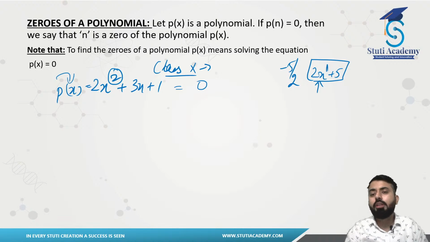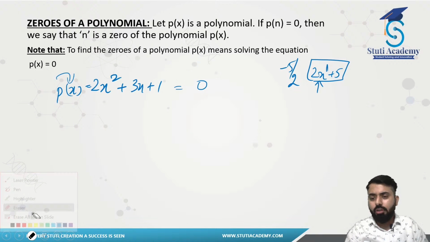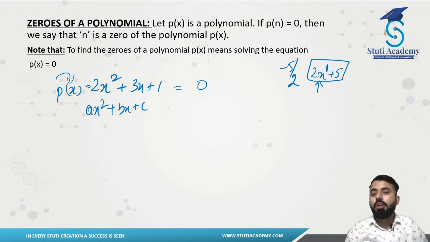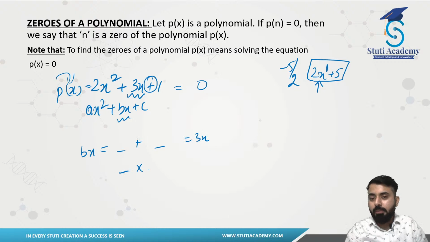But for now, just factorize this equation. Remember, I had told you that I will have this concept where you will understand factorization also. Do you recall this one? If you compare this with ax square plus bx plus c, I have to break bx down into two parts such that their addition gives me 3x and their multiplication gives me 2x square into 1, that should be ac x square.